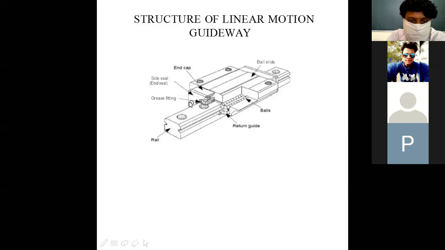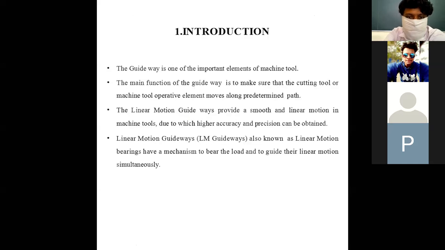Then there is a side seal or end seal and end cap, and a ball slide. This is a slide. These are small bearing balls, and depending upon these, the particular slide movement takes place.